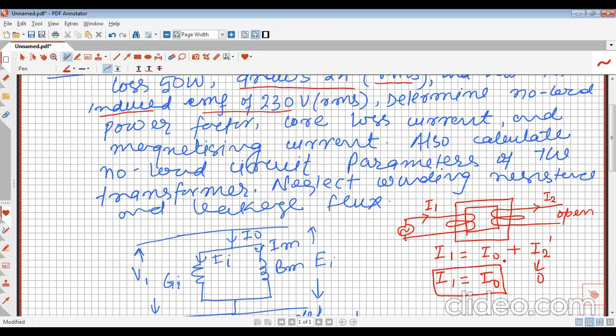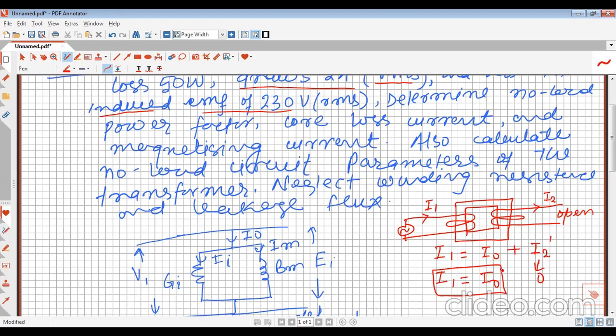And this I naught has very wide application, because this no load transformer current is used to magnetize the core of the transformer. To magnetize the core of the transformer, we need some current. That current is called no load current, and whatever we are getting here is called I naught current.